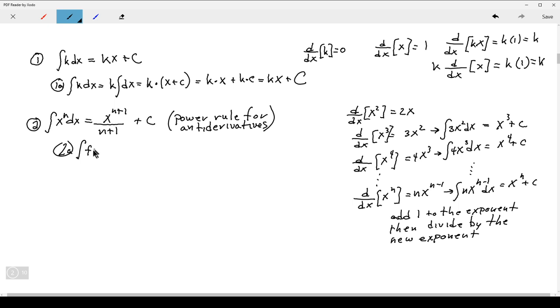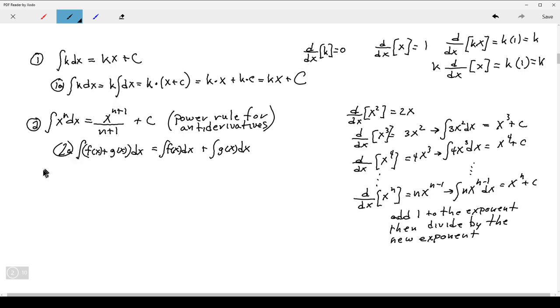So if I have f of x plus g of x, dx, I can take the antiderivative term by term. So I can take the antiderivative of f of x dx plus the antiderivative of g of x dx. And how I take those individual antiderivatives is going to be, for right now, with this power rule. Combination of this and this.